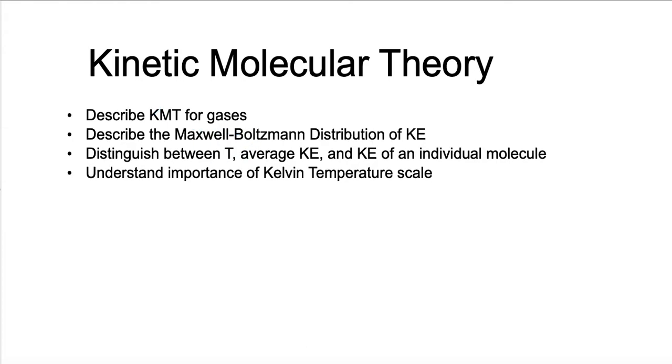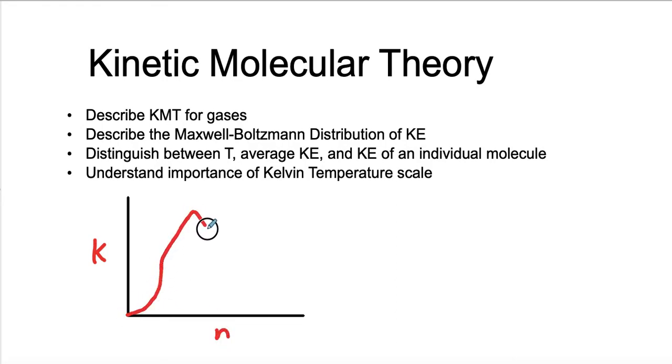The Maxwell-Boltzmann distribution. Let's see, I don't have that written down here. So the Maxwell-Boltzmann distribution is this idea when you look at, I thought I had this charted out. If you're looking at the kinetic energy of the particles, which is related to their speed, versus the number of particles at a given temperature, you get this distribution that looks, I'm doing a very bad job of drawing this.